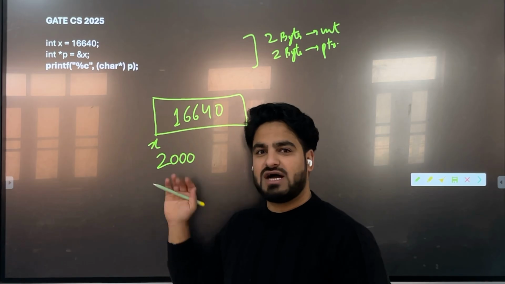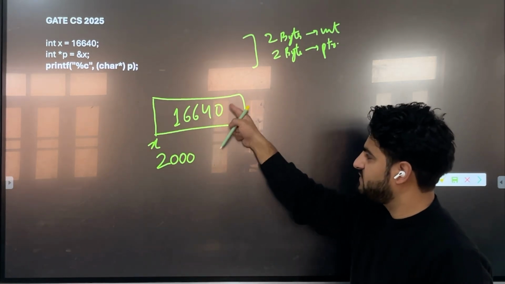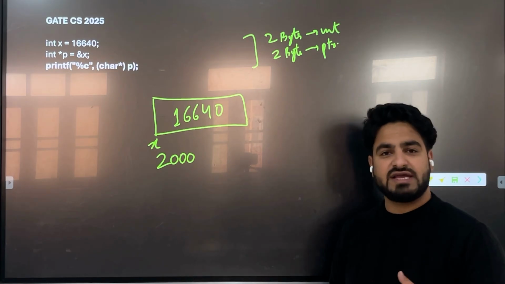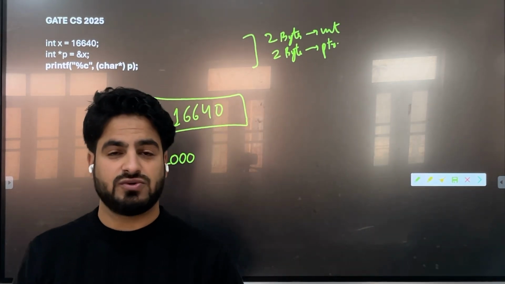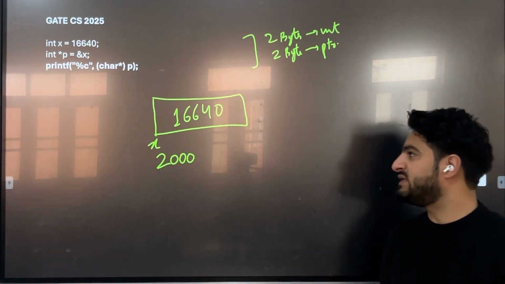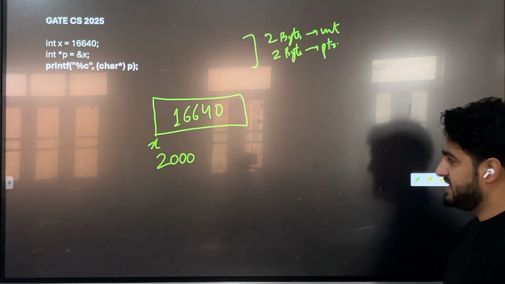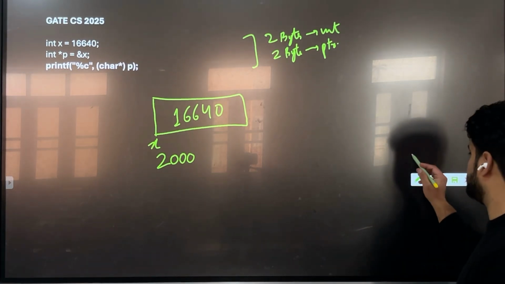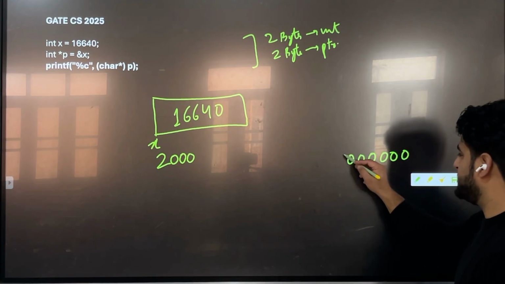Now we'll see actually how this is stored in memory. The value is 16640. We know that every decimal value, in a very low-level setting, is stored in the form of binary. So what we'll do is convert this 16640 into a binary version. I have pre-calculated it, and to determine this we'll use a simple formula.